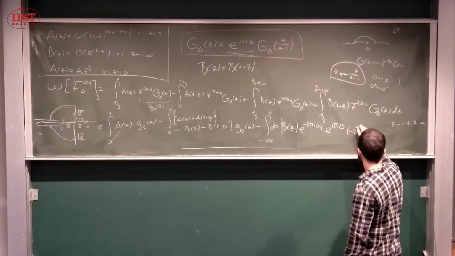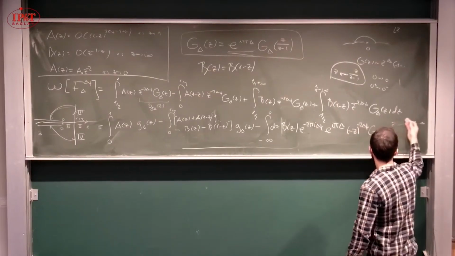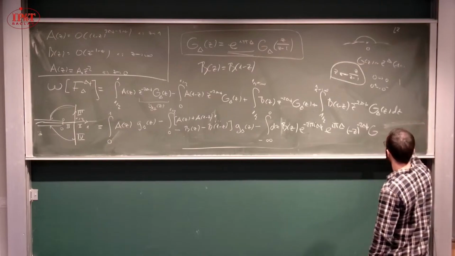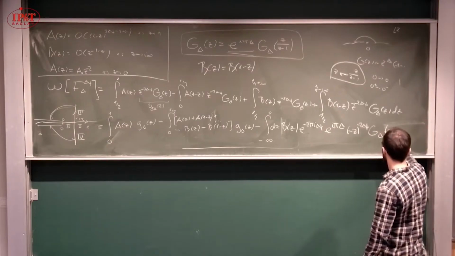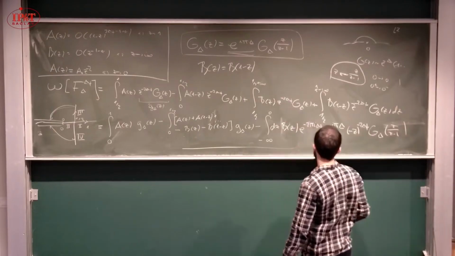And the function that we get is minus z times the block and z over z minus 1. And so I'm just using that relation.